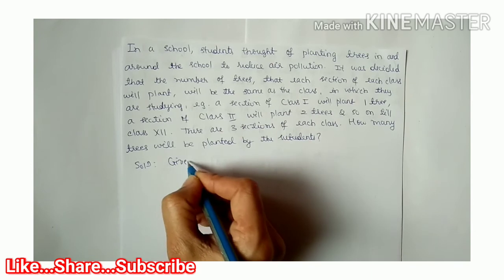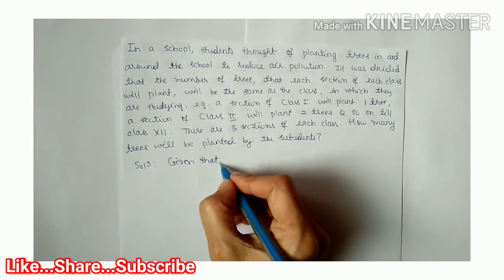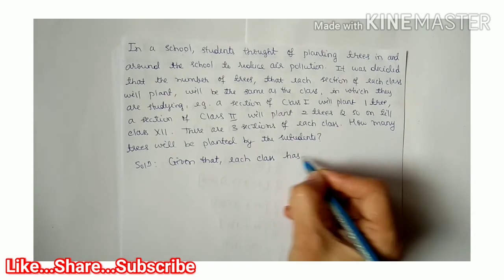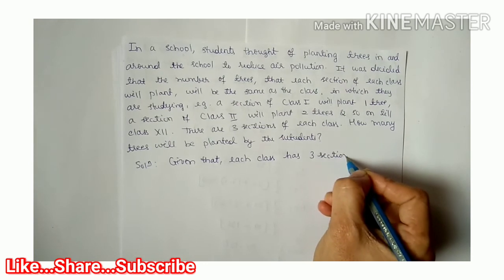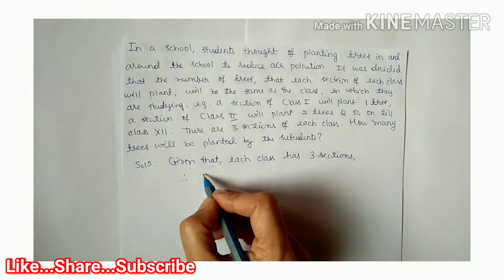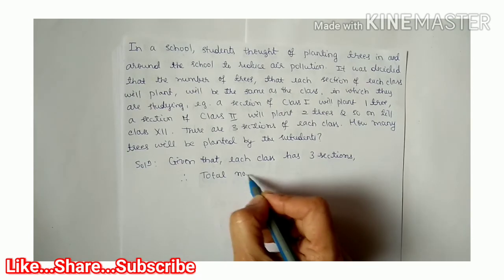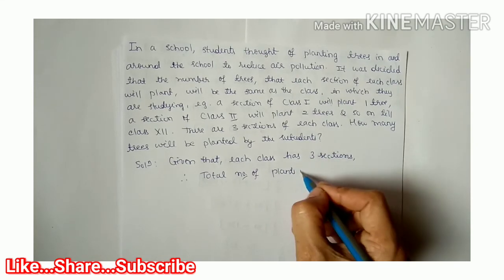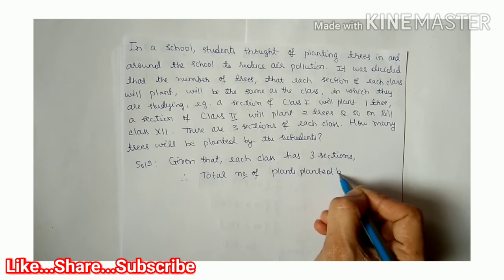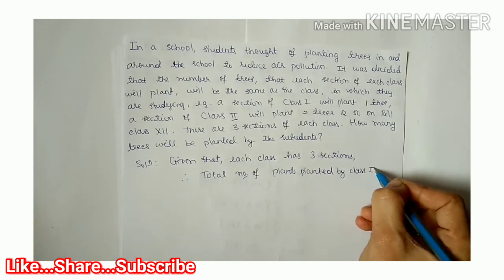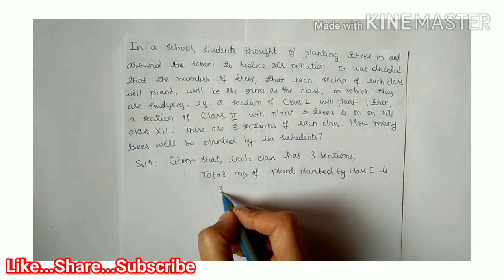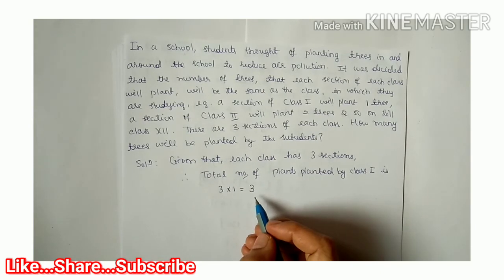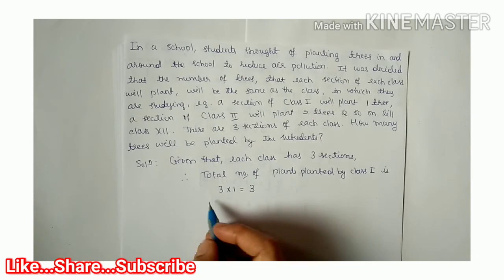Given that each class has 3 sections. Therefore, total number of plants planted by class first is 3 into 1. 3 sections, number of plants is 1, therefore 3.